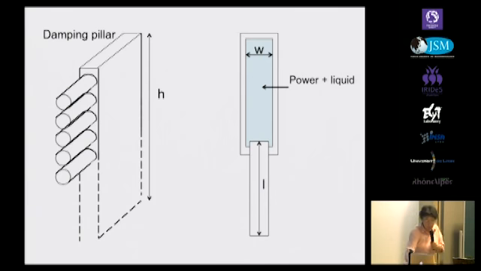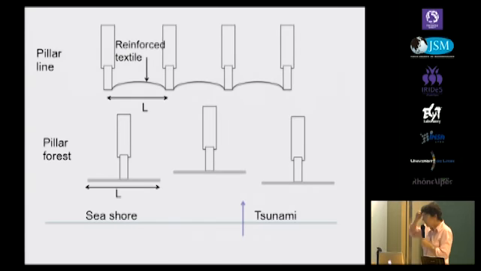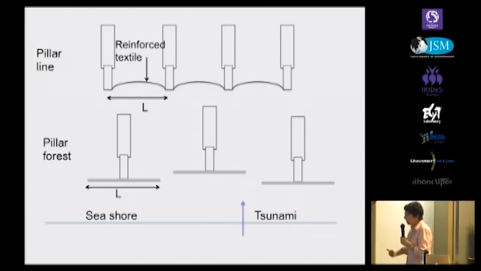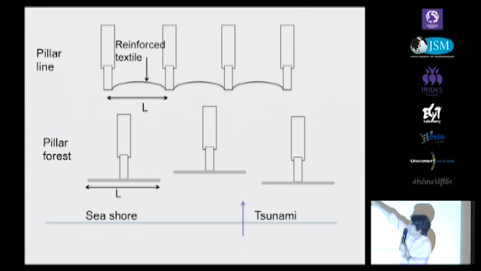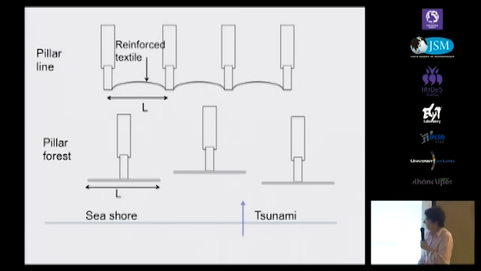And these pillars should be equipped so as to concentrate the force exerted by the tsunami wave, so as to obtain the high pressure at which the dissipation will occur. So this could be maybe by forming a pillar line, by relating the pillars with some reinforced textile, or by using forests of individual pillars, which would be equipped with a forehead front here in order to concentrate the tsunami force.